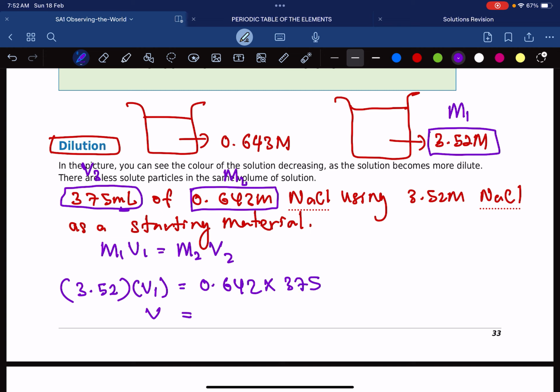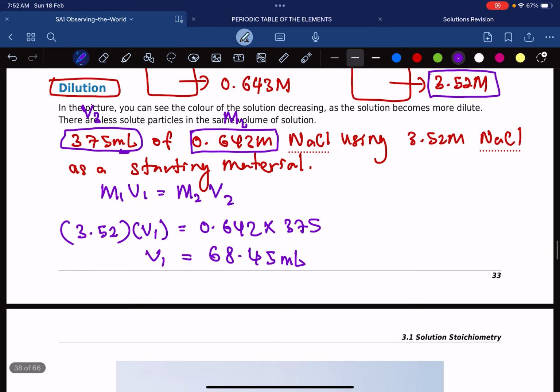Let's do this. V1 will be 68.45 ml. That's what it will be.